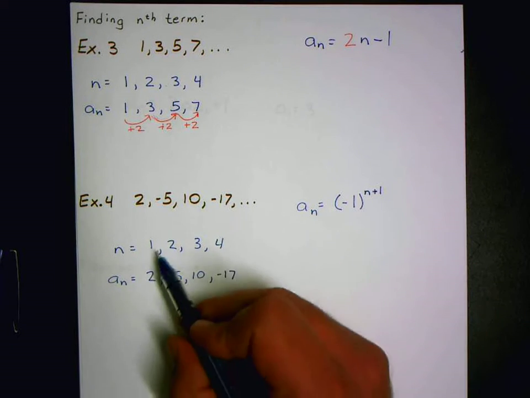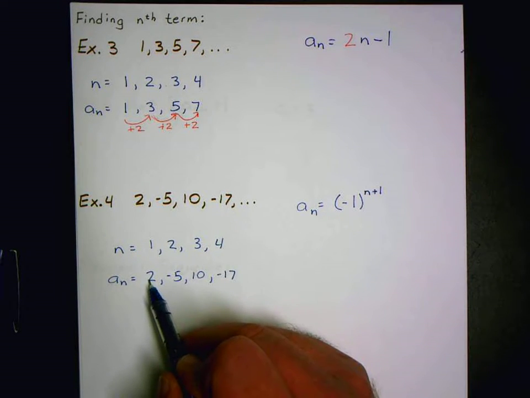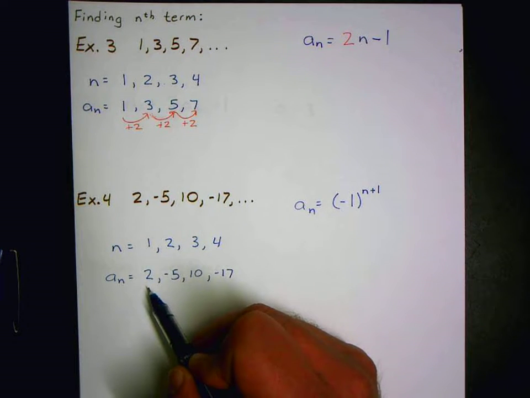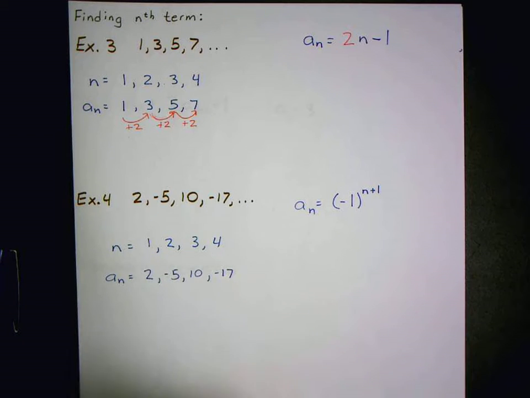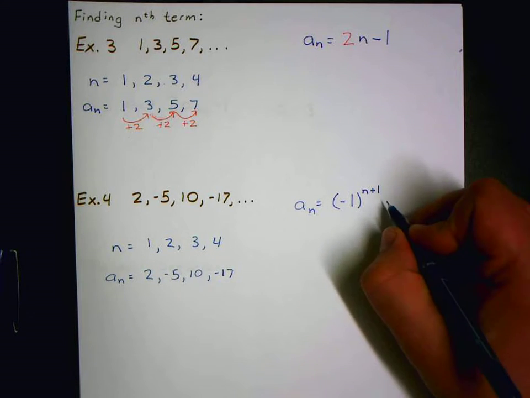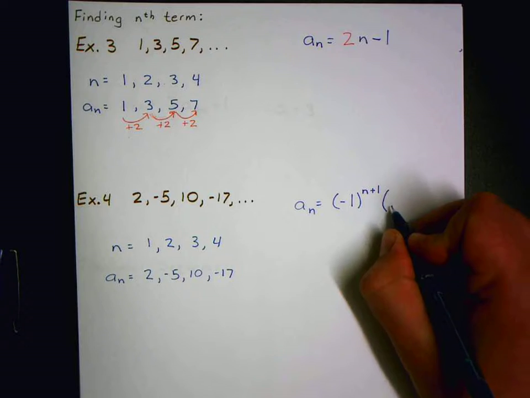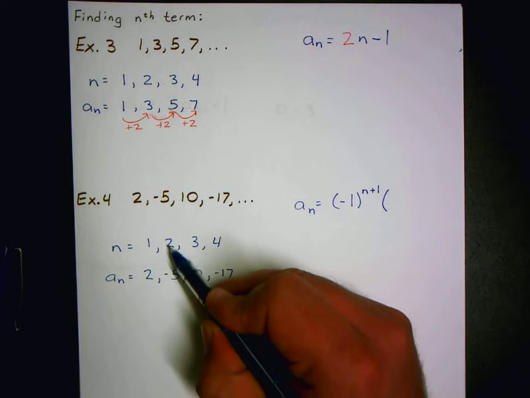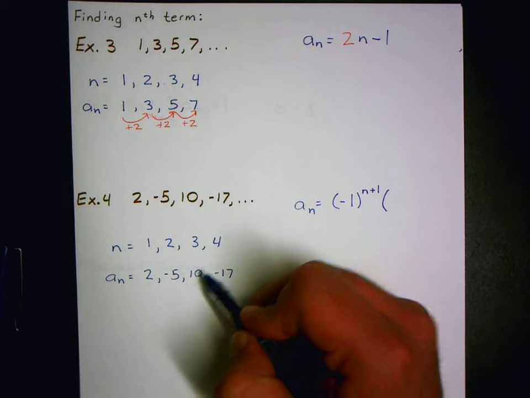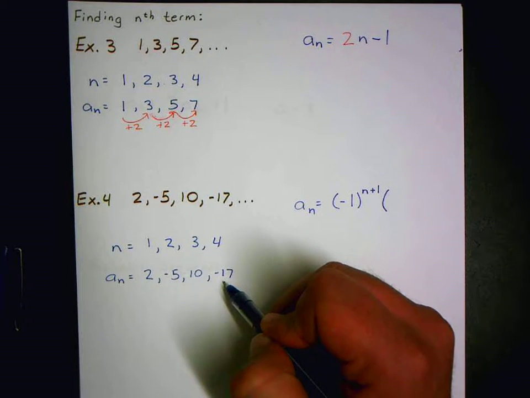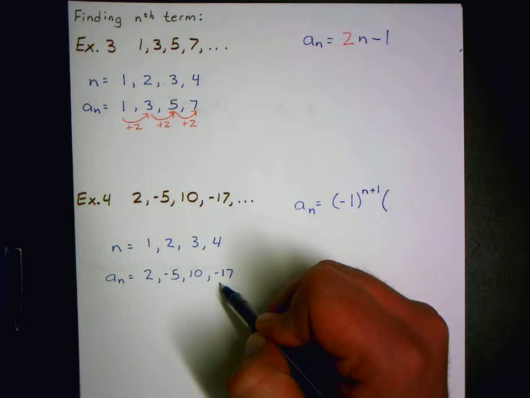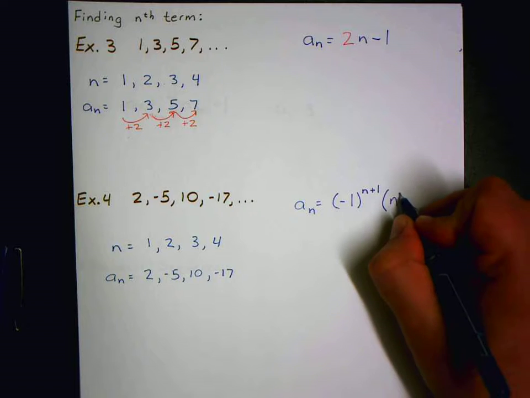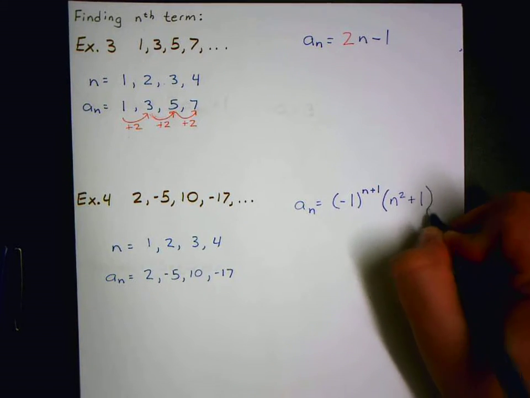Because if I just put n, this would be negative, because I need an even power up here to get this to be positive. As quickly as it's growing, what you need is the squared. Notice that 2 squared is 4, 3 squared is 9, 4 squared is 16. So all of these are really close to the squared terms. In fact, they're just one more than the squared term.